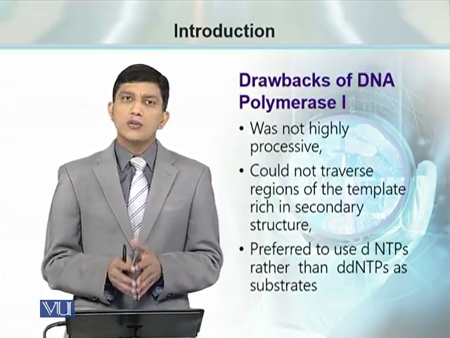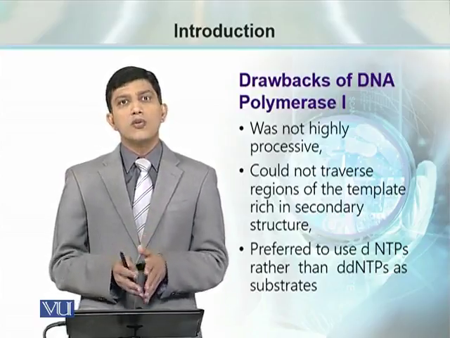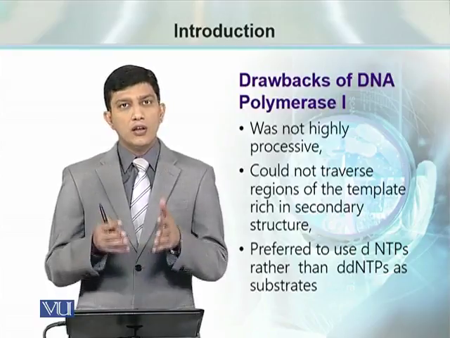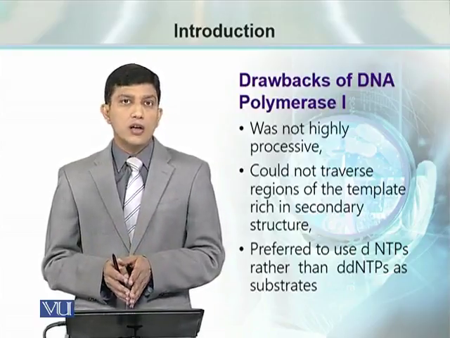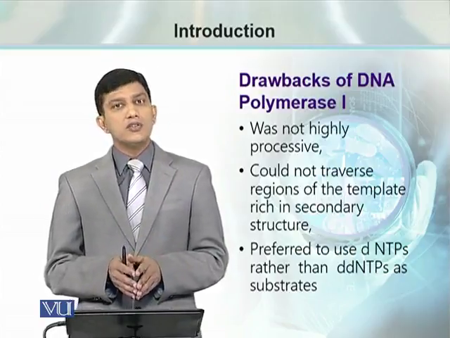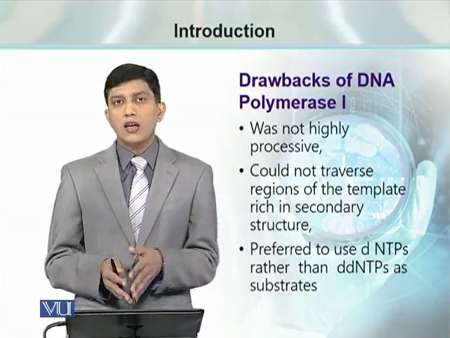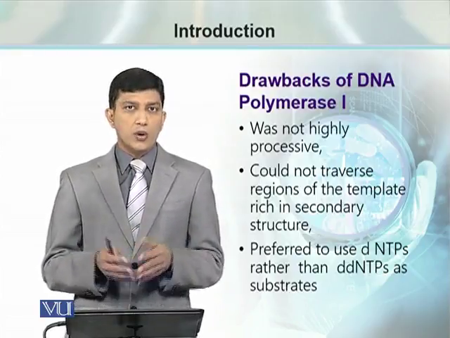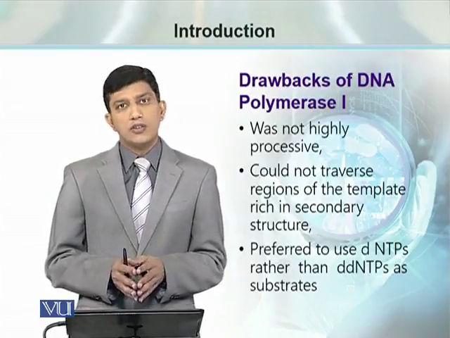उसकी रीज़न क्या थी? उसकी रीज़न में कुछ ड्रॉबैक्स थे जो कि Klinov fragment की यूटिलाइजेशन से सामने आए. नंबर 1, it was not highly processive. Means we can say कि इसकी efficiency जो है या इसकी जो स्पीड ऑफ एक्शन है दैट वाज नॉट एज क्विक एज वन कैन एक्सपेक्ट ड्यूरिंग द मॉलिक्यूलर बायोलॉजी रिएक्शंस.